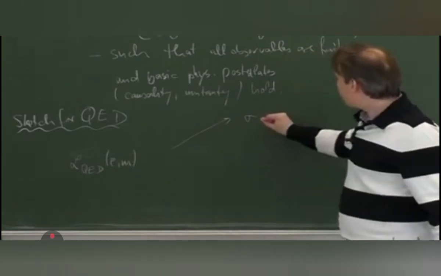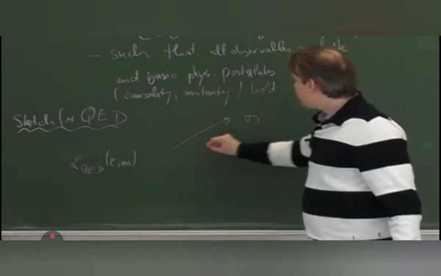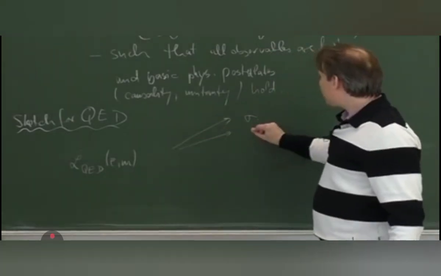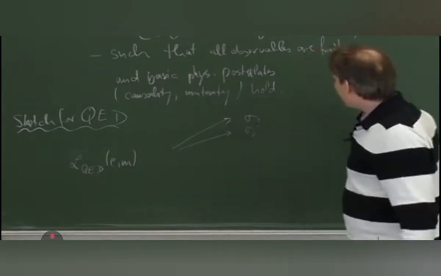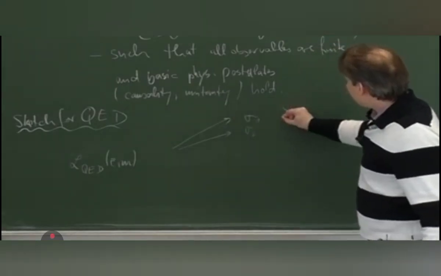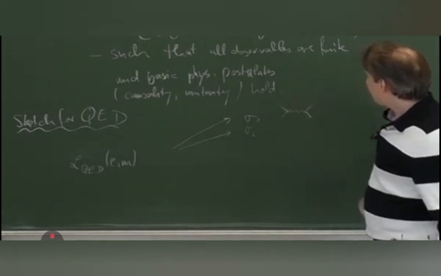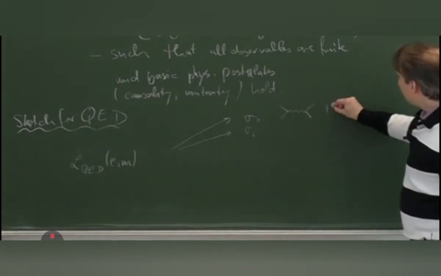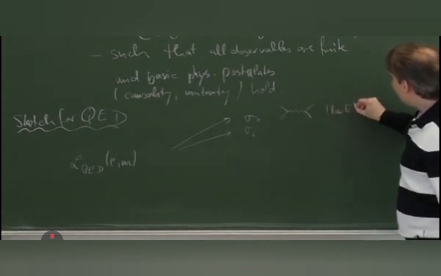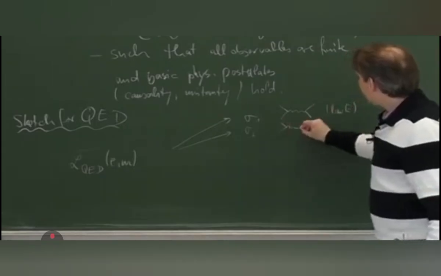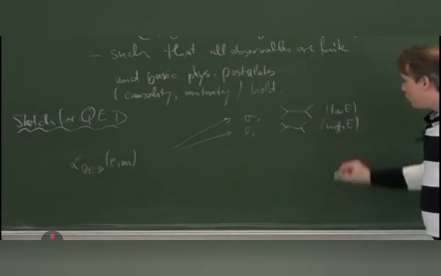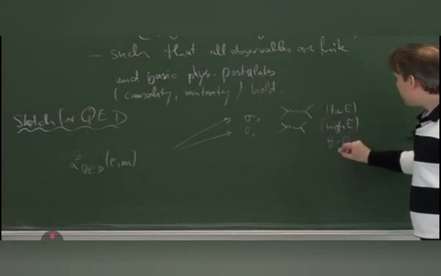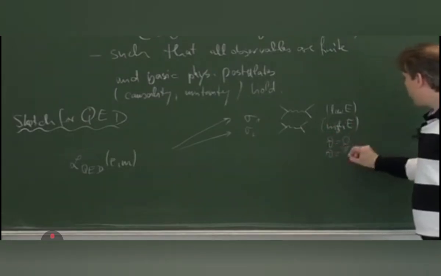And so then, as a sketch, you can calculate everything you want. For example, here, observable sigma 1, sigma stands for an observable that can also be measured experimentally. The second observable, like for example, here E plus E minus to mu plus mu minus at low energies, E plus E minus to mu plus mu minus at high energies or at different angles, theta equals 0, theta equals pi over 2, and so on.